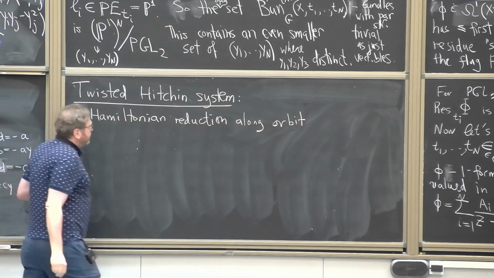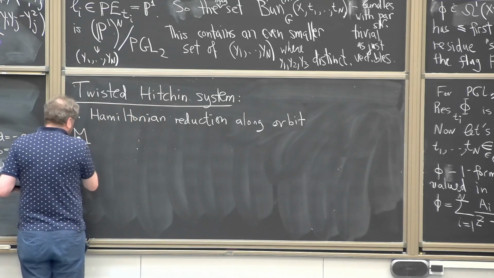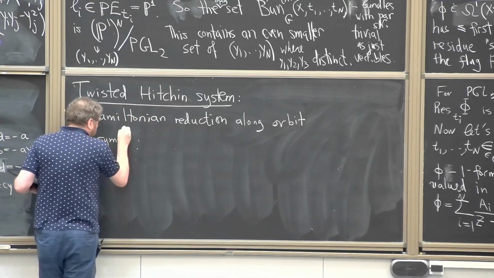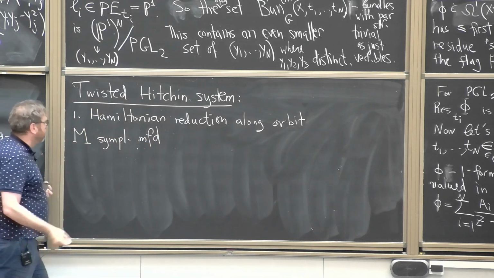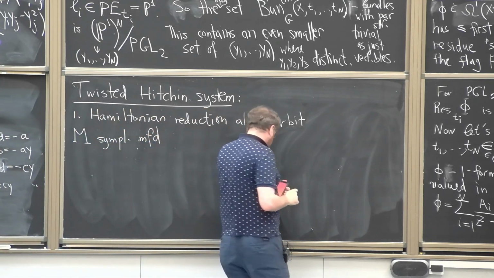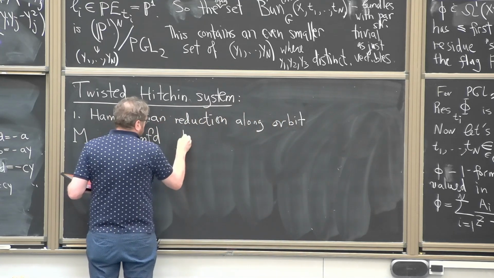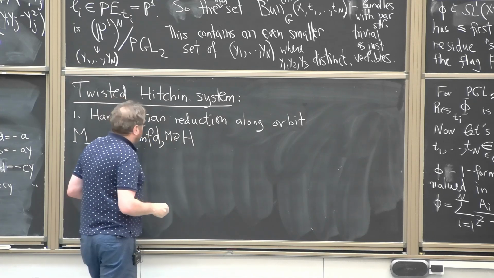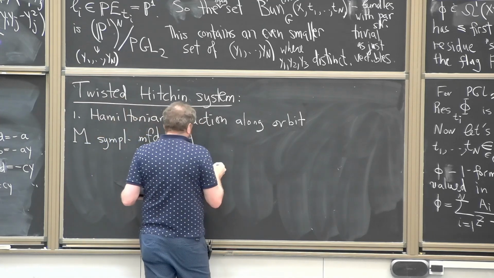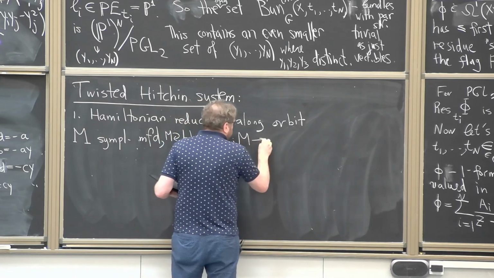So I explained that if you have M, a symplectic manifold, we talked about the cotangent bundle, but more generally, just any symplectic manifold, and you have a group H acting on this M, then suppose we have a moment map from M to H dual.